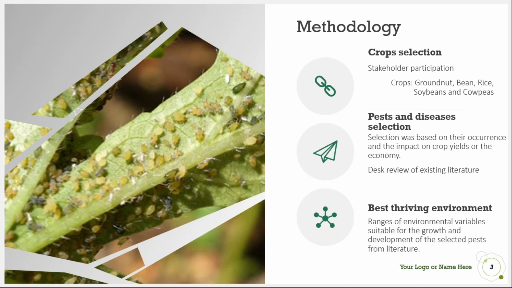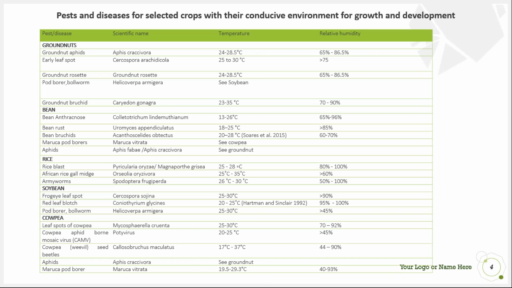So per crop we would be selecting at least one pest and at least one disease. Then we would go down to finding the data on the ranges or the thresholds for these pests, as in the best thriving environment, which would be used for the modeling.